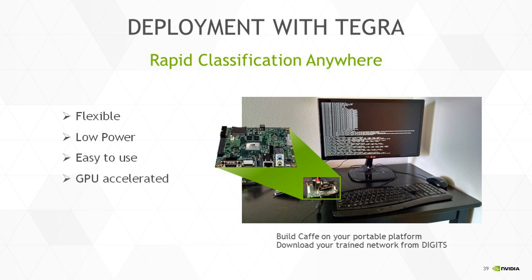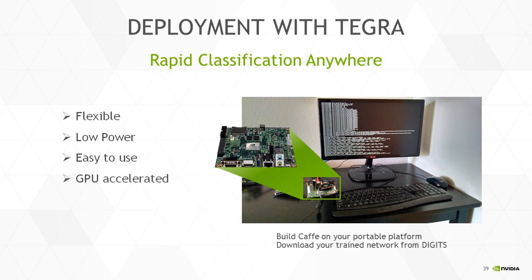So I thought I'd have a slide in here that just talks about the Jetson, because I've tested my trained neural networks on the Jetson, and it's flexible. It's a low-power device. It's easy to use and GPU accelerated. So the only thing to think about here is once you deploy your neural network, remember you need to build your framework on the Jetson so that it can use those network files.